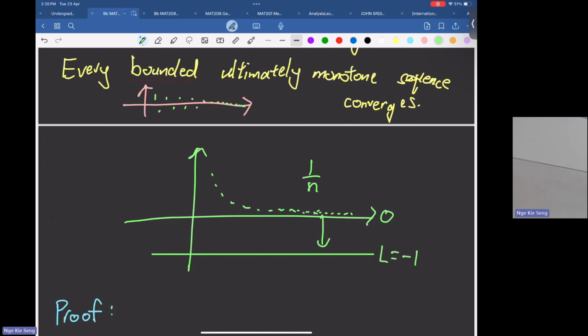Monotone can keep decreasing. But if you see from the previous knowledge, what's the greatest lower bound? What's the infimum of this set here? 0. And we want to show that this is the limit of my sequence. So you need to solve the business of epsilon n. But this infimum existing is very special. Why must the infimum exist?